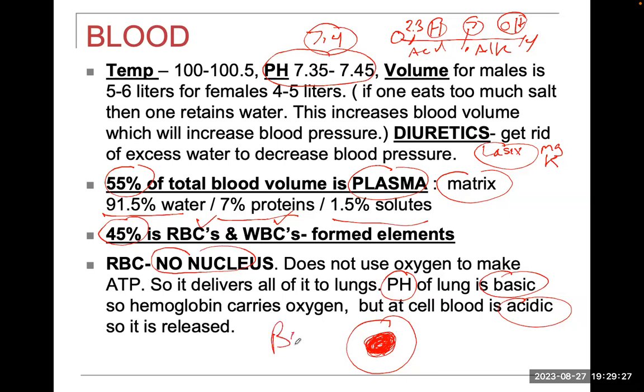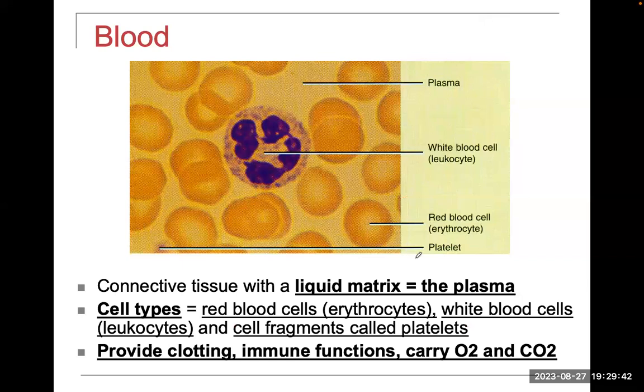And the term for that is called the Bohr effect. The Bohr effect is the effect between the acid and the base, knowing when the red blood cell should hold on to oxygen and when it should dump it or deliver it.